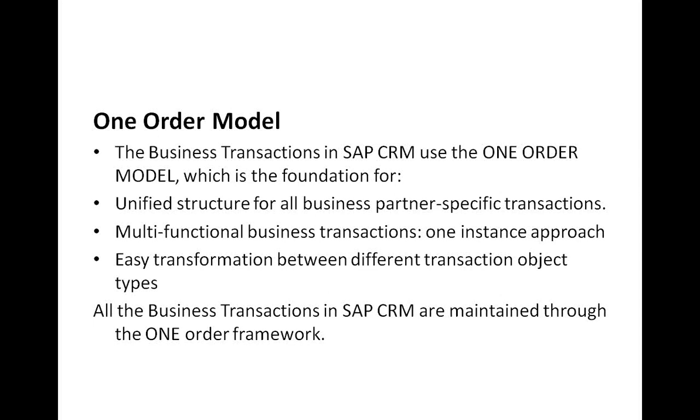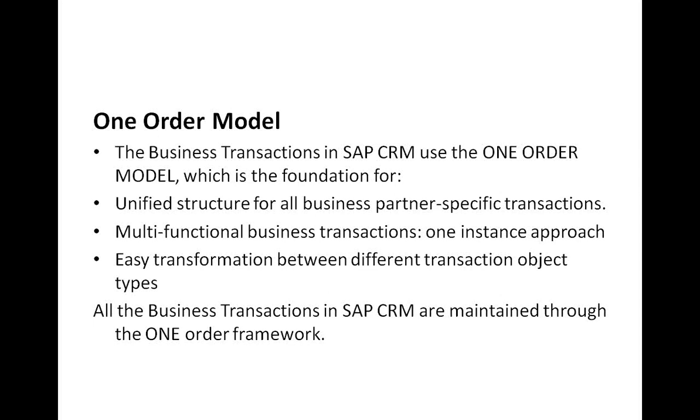Why did this confusion come? Because CRM was using object oriented programming at a time when object oriented programming was not at all introduced into ECC. The ABAP versions of ECC and CRM were different, so people used to think that CRM was using a different ABAP.